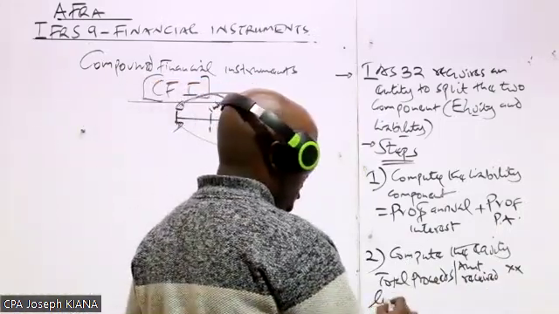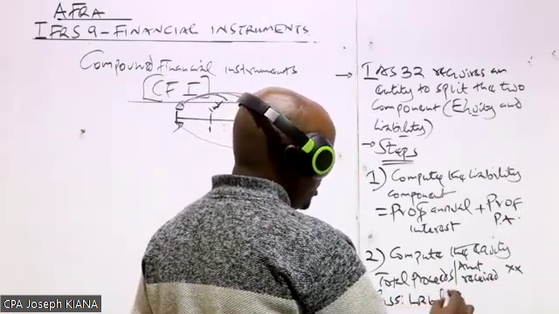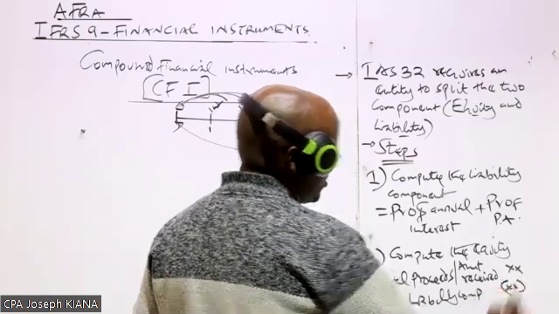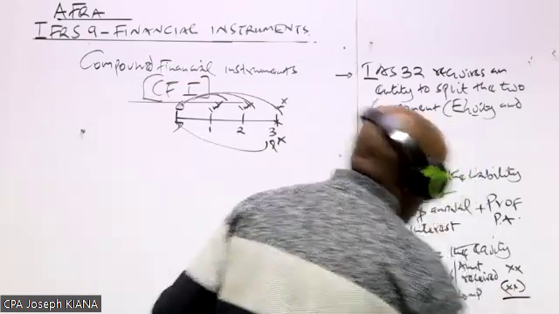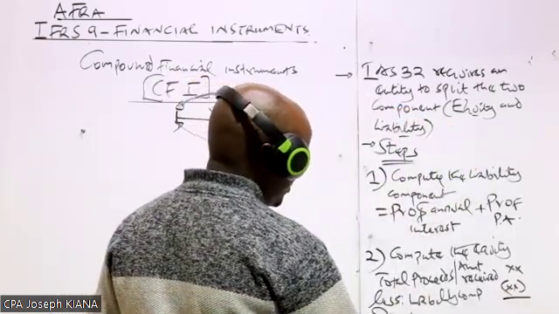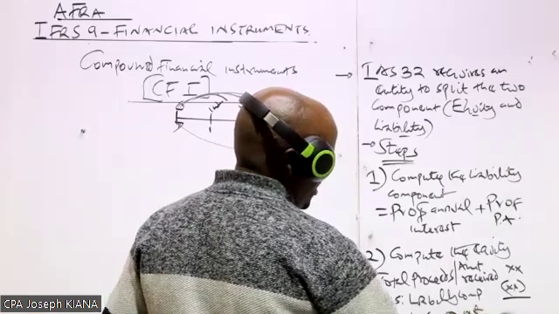To this we less the liability component, which was computed in step 1. Whatever you get here is the equity component.